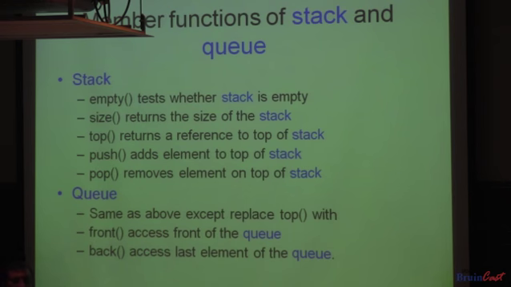Question? Why would we use the stack? Why don't we just use the queue? Okay, so good question. The stack and queue store the elements inherently differently. They allow you to access and pop off elements inherently differently.